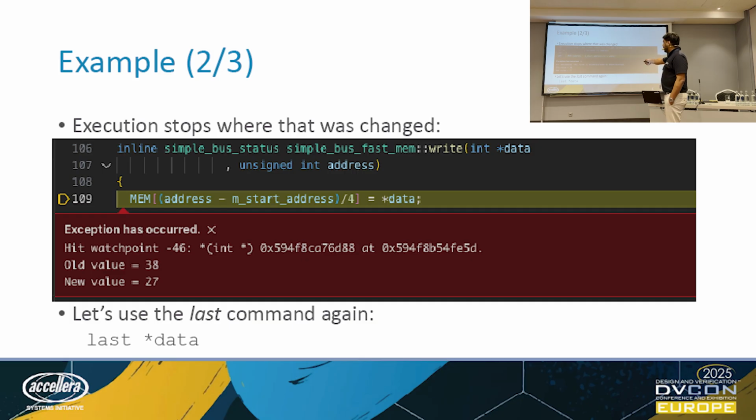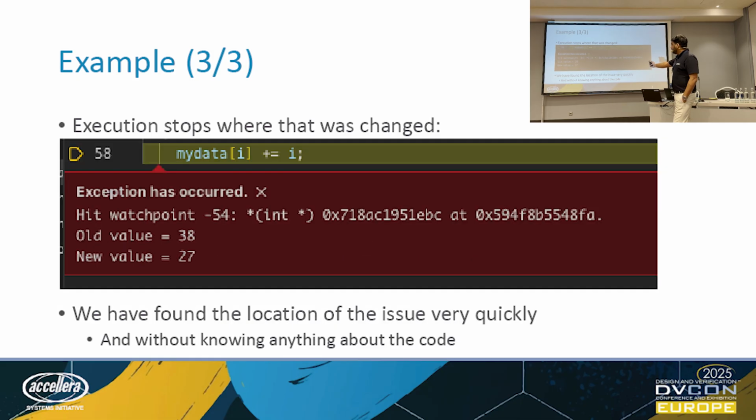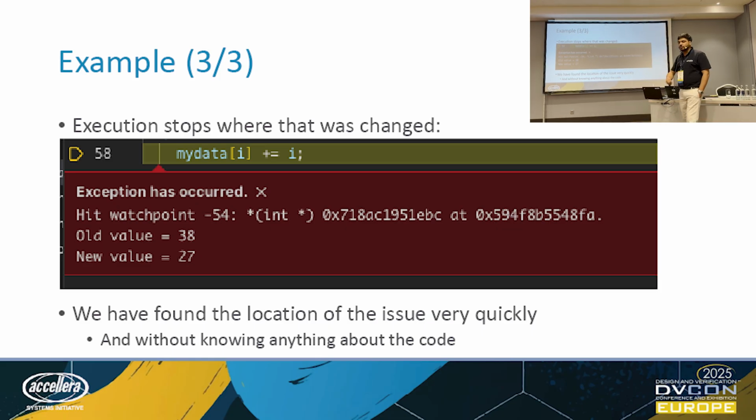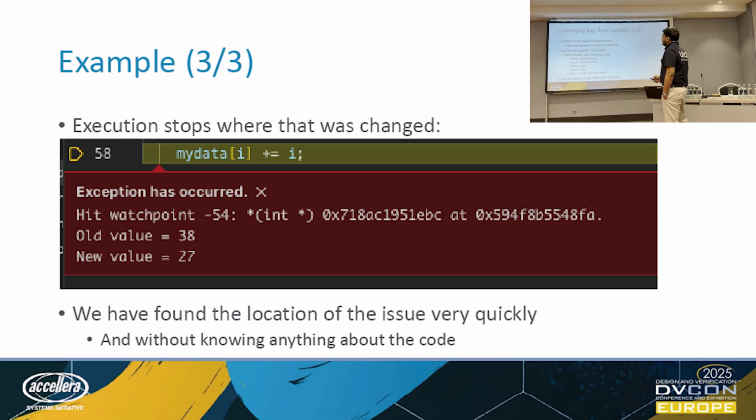Now you want to figure out who updated data, because it's coming from data. So you do last data, and you figure out, okay, data is coming from i, but who's giving that i? So you can do last on that, and basically keep going until you figure out what the root cause was, right? So that is the model.